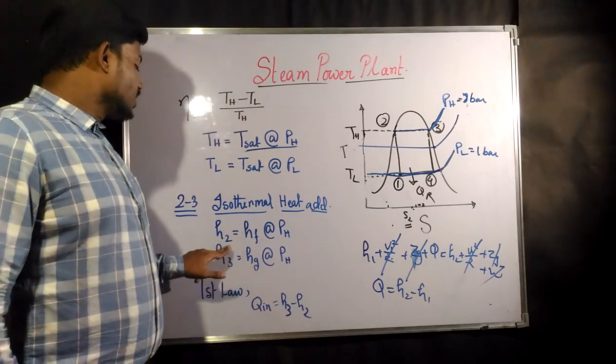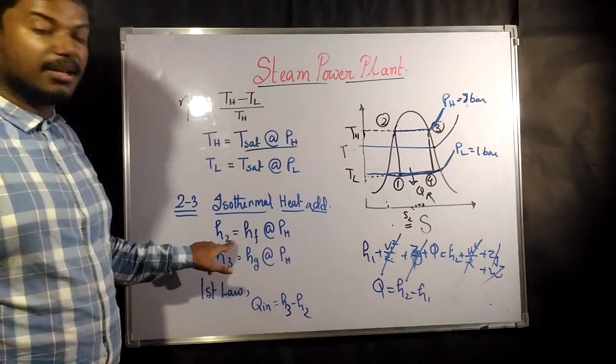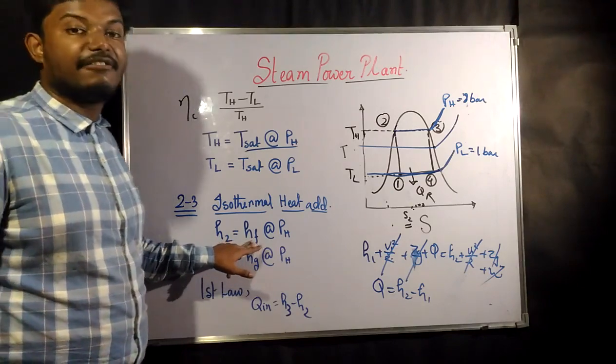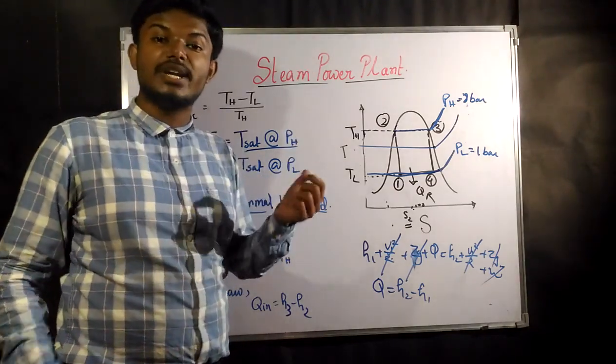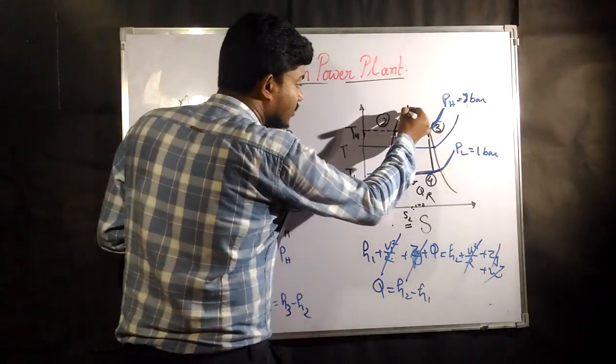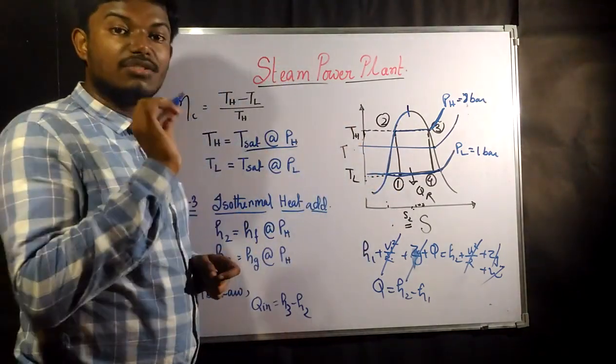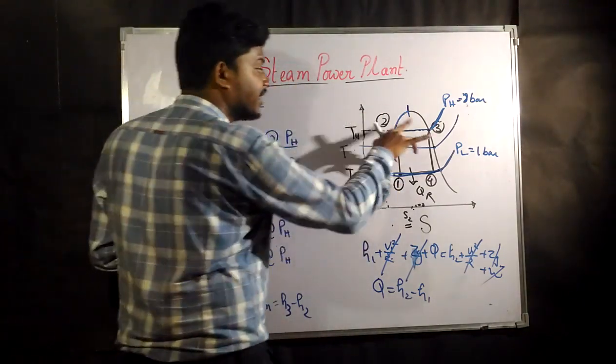So what is H2? How can you find it from a steam table? H2 is Hf. Hf means enthalpy of the fluid, that is, at the saturated liquid line, the enthalpy at that particular pressure.